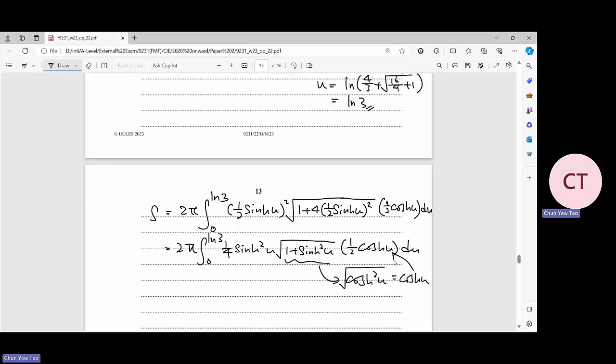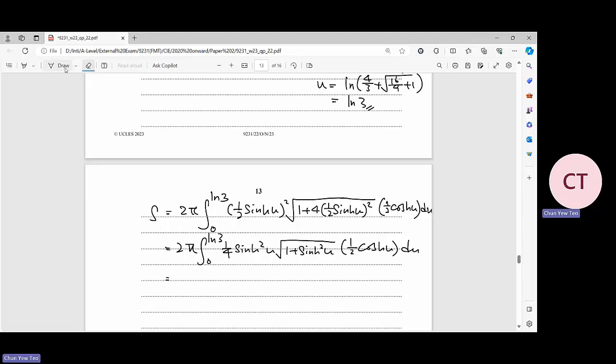So cosh u multiplied by cosh u again, you will get cosh². Over here, you can do it step by step. Then the 1/4 and the half here, constants, I will bring them out. After that, I will multiply by 2π.